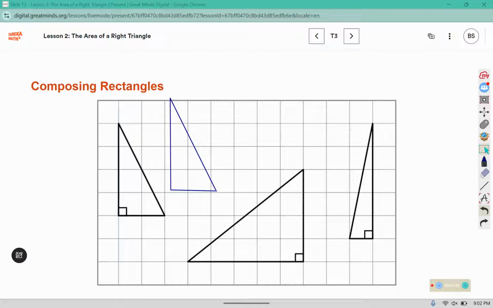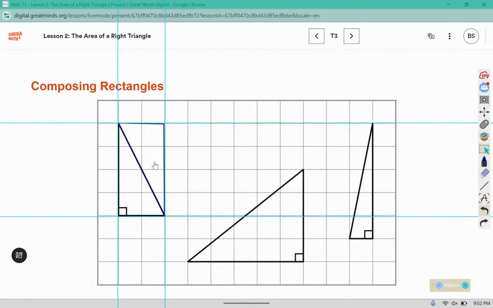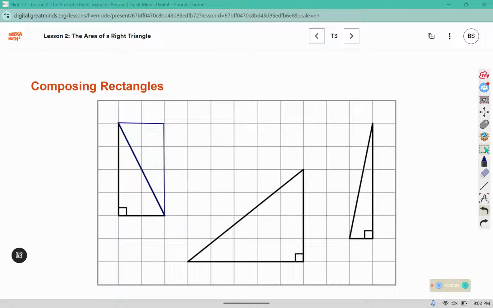Can I turn it into a rectangle? Well, if I turn this piece around and put them together, am I able to form a rectangle? Yes, it has a base of 2 and a height of 4. The triangle also has a base of 2 and a height of 4.